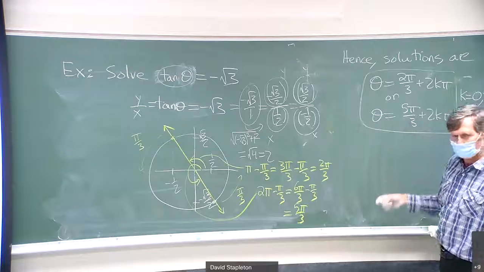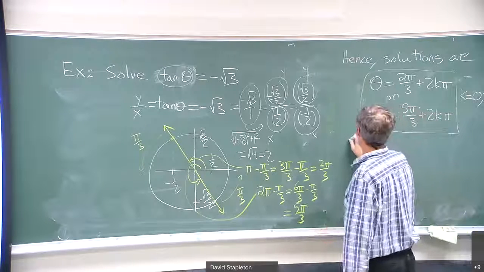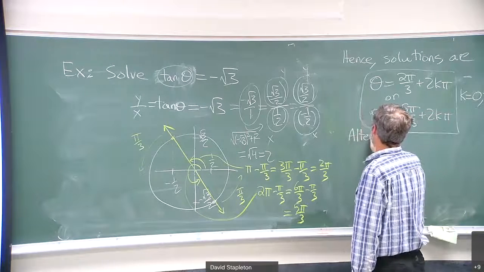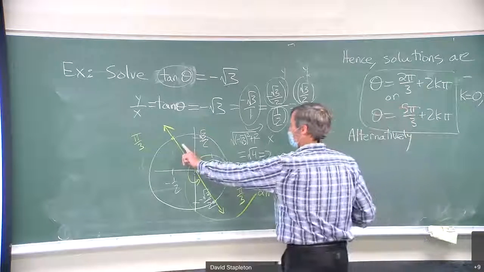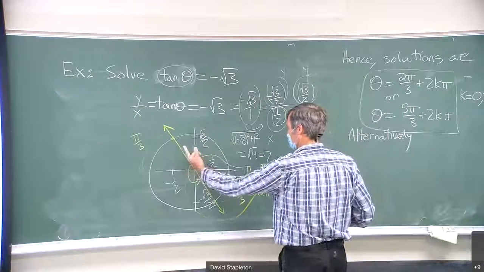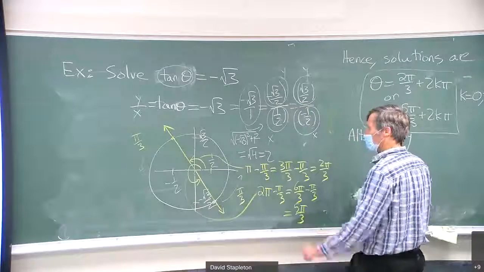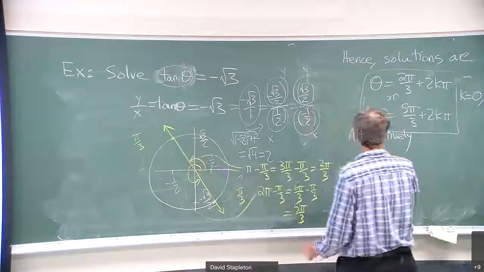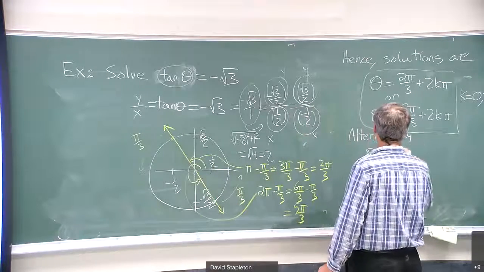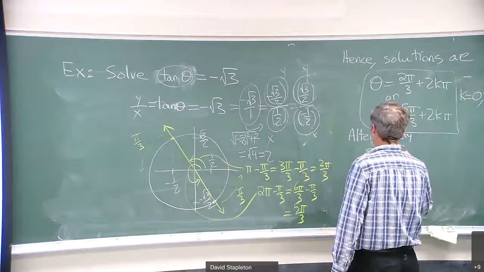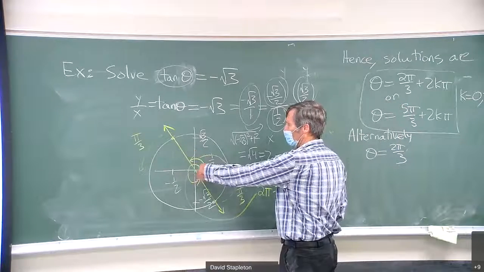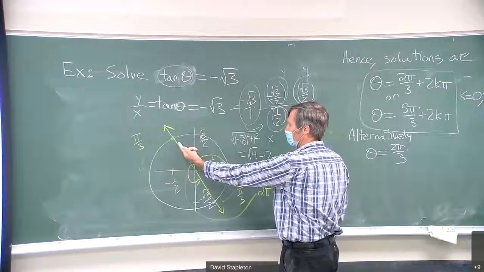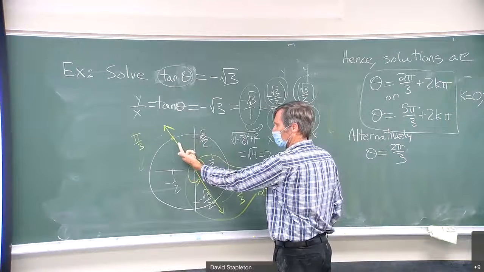What you can do to combine them is think of them instead this way. So alternatively, do it this way. When the terminal rays are straight opposite each other like that, construct the first one. Theta is 2 pi over 3, this one, and then instead of going whole rotations, I can go a half rotation, half rotation, half rotation, any integer number of half rotations.